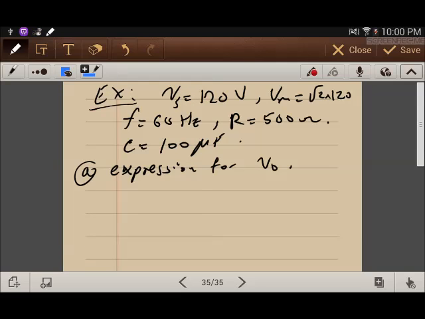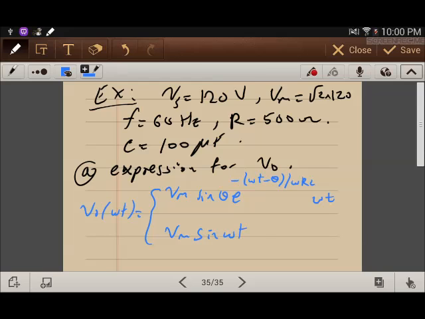We just proved that the output voltage as a function of omega t is equal to V maximum sine theta e to the power of minus (omega t minus theta) over omega RC, and also V maximum sine omega t.